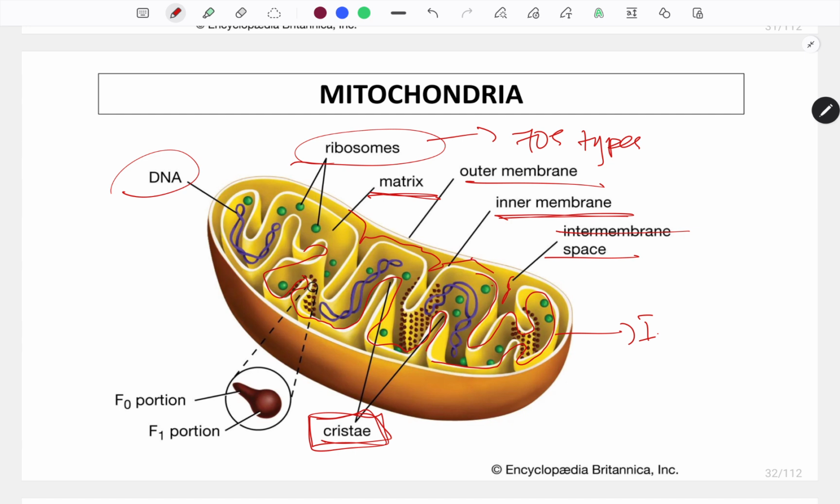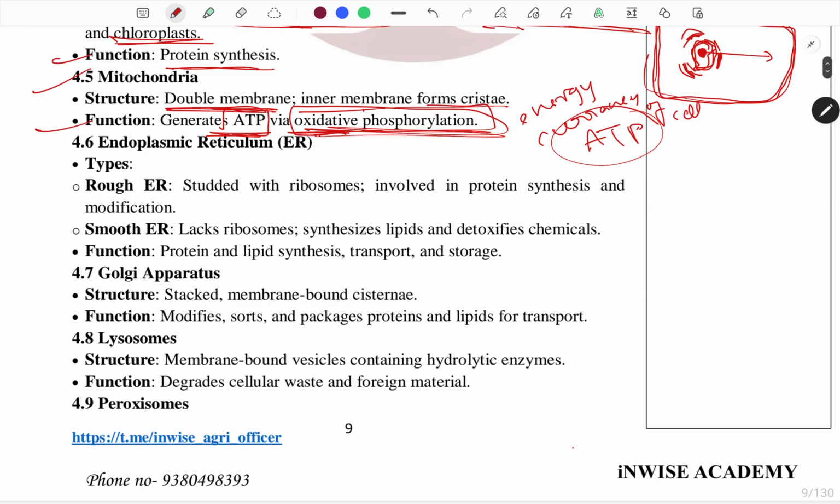But in the cytoplasm, as we discussed, 80S type of ribosomes are present. And the DNA is self-replicating. It will replicate independent of the genetic material present in that particular cell.